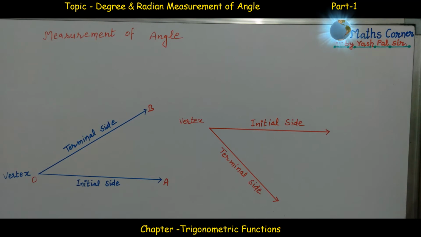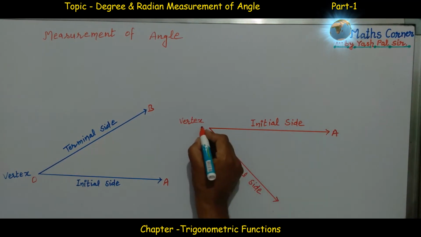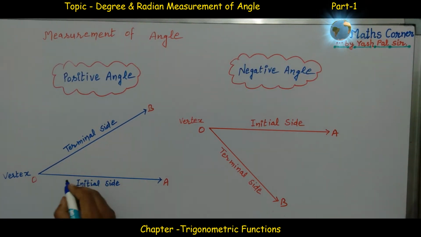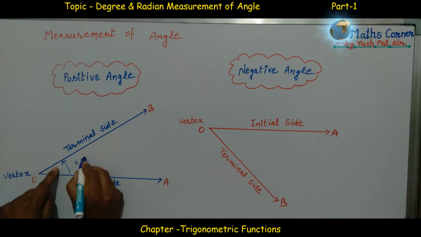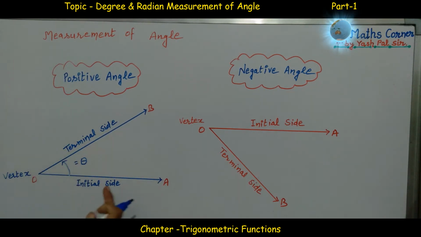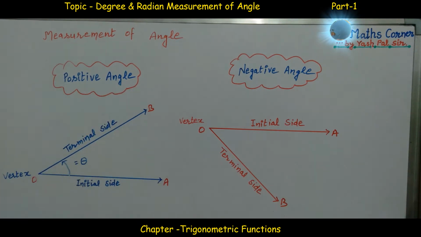Here AO is the initial side, O is the vertex, and the ray OB is the terminal side. Here, if we measure the angle like this, equal to theta, it means we are moving anti-clockwise. This angle is called positive theta.